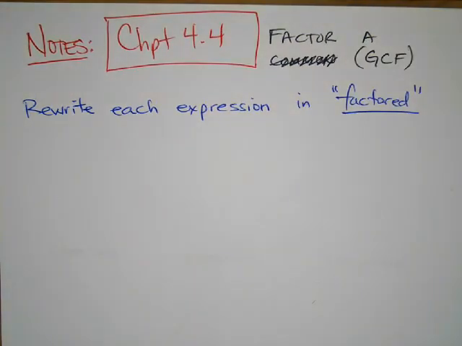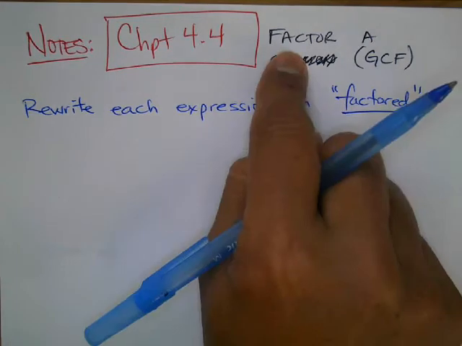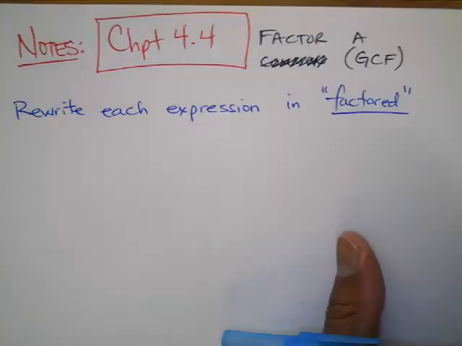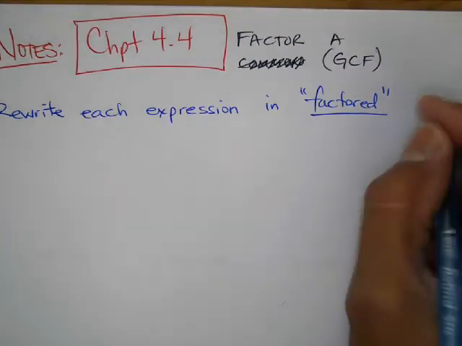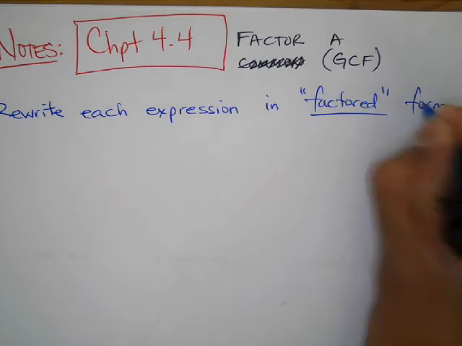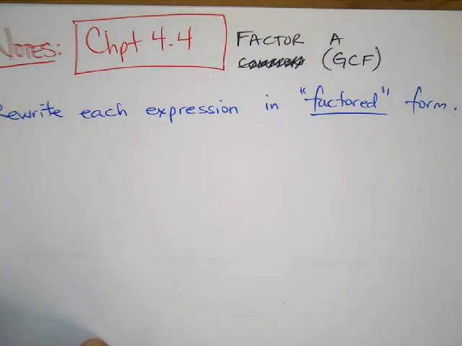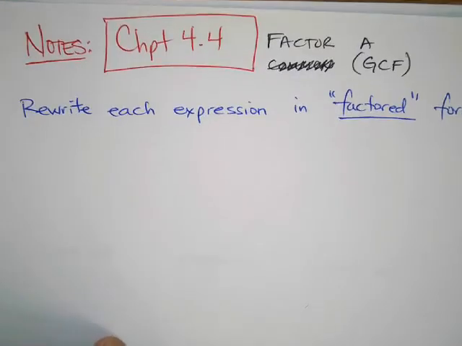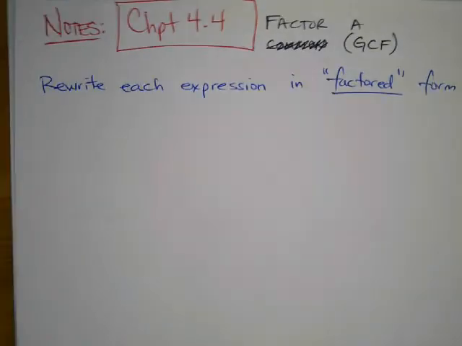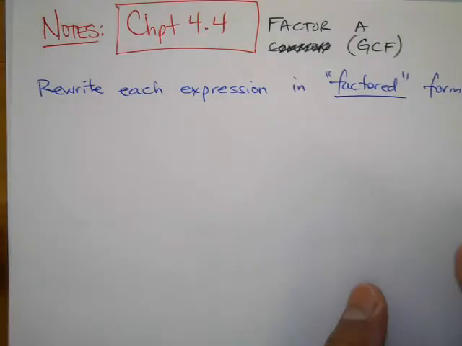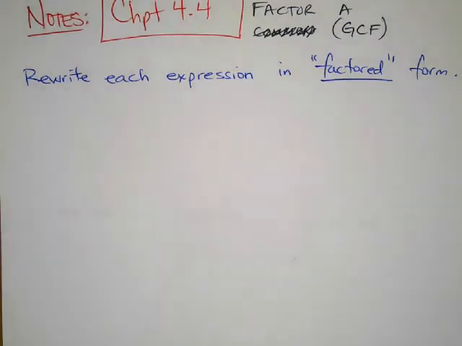The word factored is part of the root word factor, right? Rewrite each in factored form. Sometimes they'll just say factor and keep it simple. They won't write all this stuff, but since this is the beginning, this first part should be kind of easy.